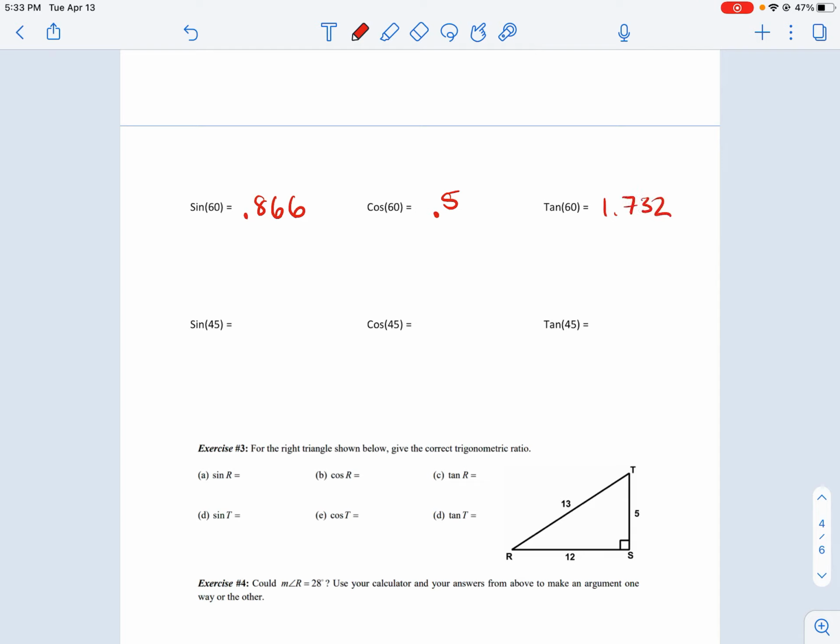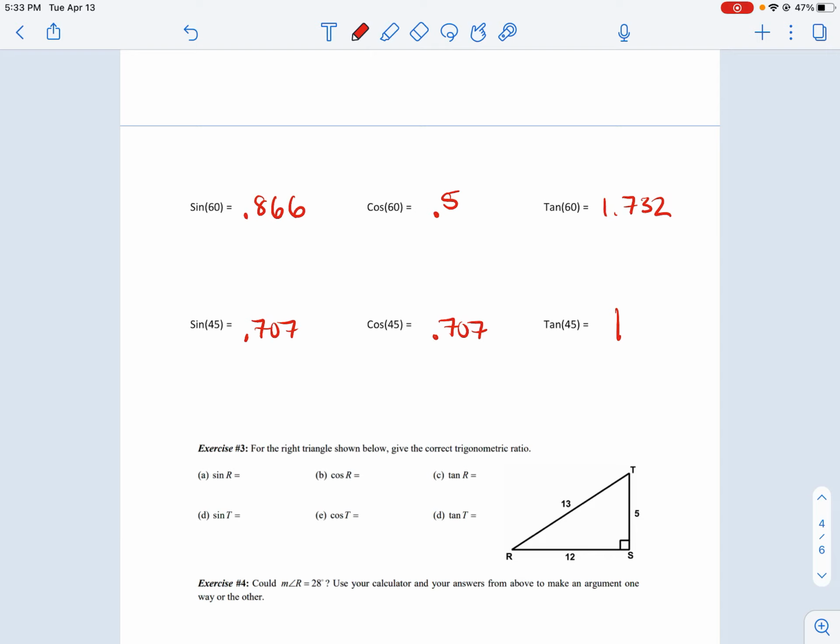Sine of 45, 0.707. Cosine of 45, well, would you look at that, 0.707. We will touch on that down the road. And then tan of 45 is just going to be 1. Again, we will touch on why that is down the road. But for now, that's what our calculator gives us. Our calculator already has those values in there.